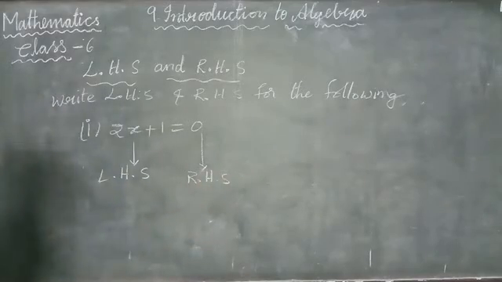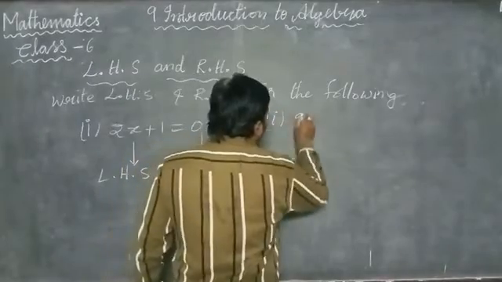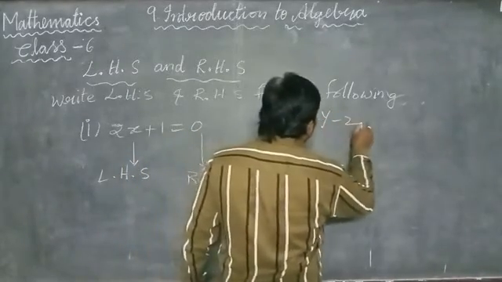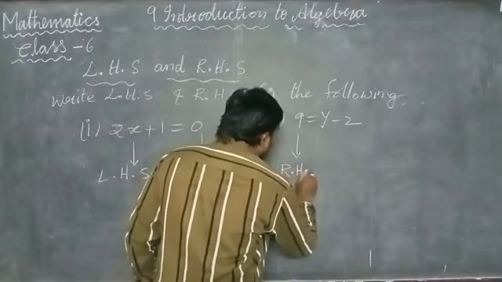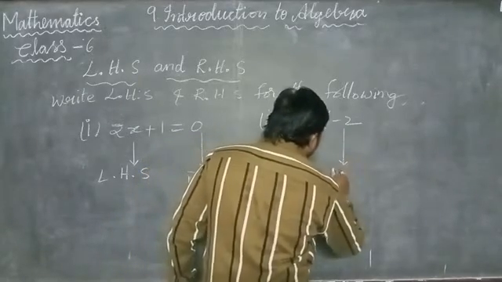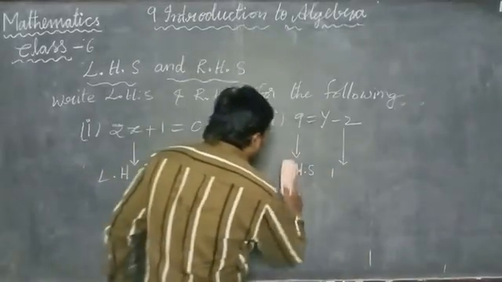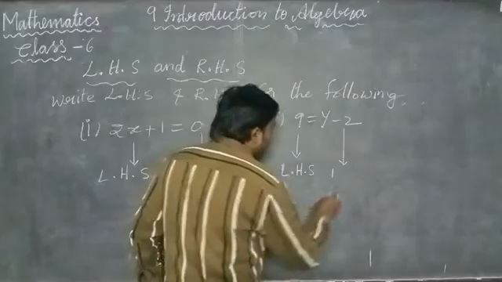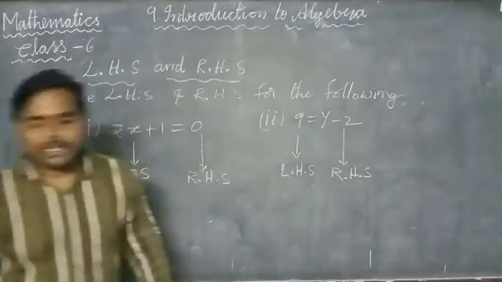Now let us see the second problem. The second one is 9 equals y minus 2. Here 9 is the LHS part and y minus 2 is the RHS part.